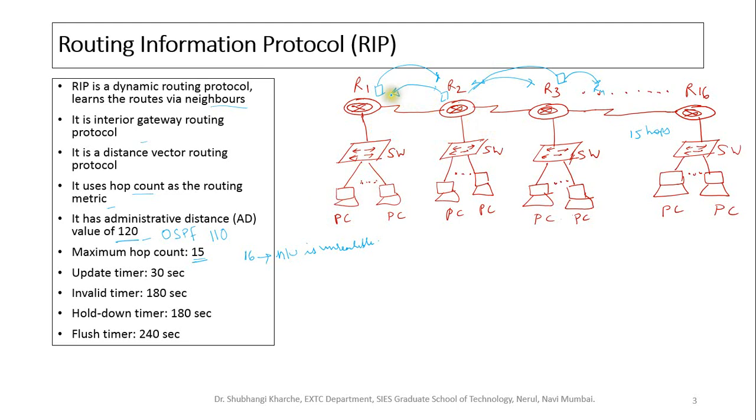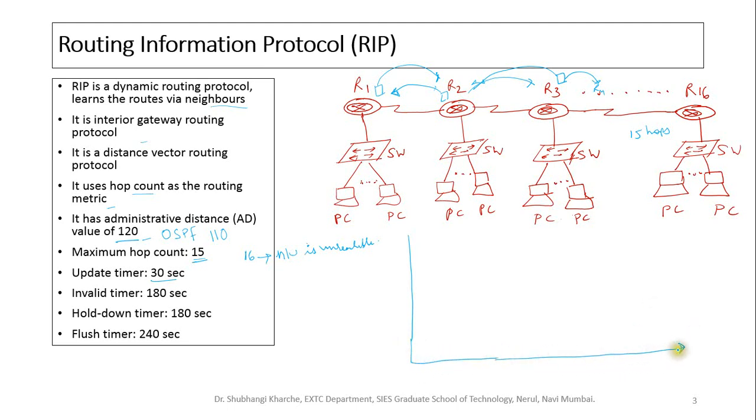Now these updates which are sent by each of the routers to the neighboring routers are given after every 30 seconds. So the update timer is of 30 seconds. Every router sends the updates of the routing tables to its neighbors after every 30 seconds.